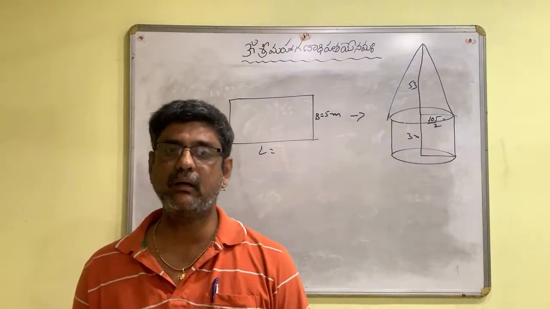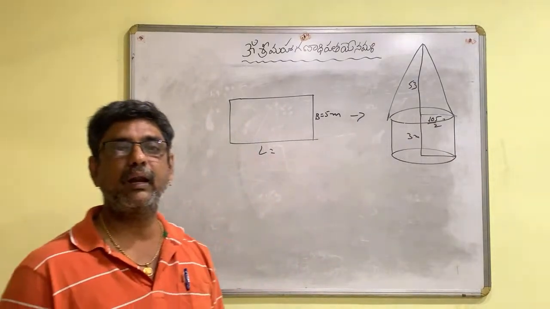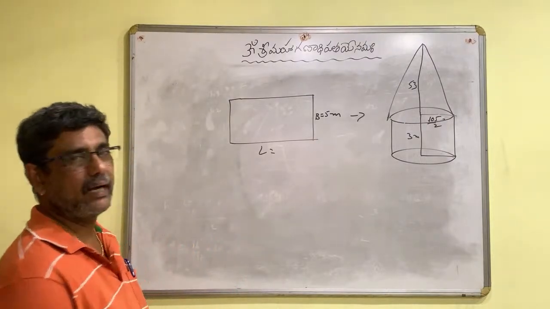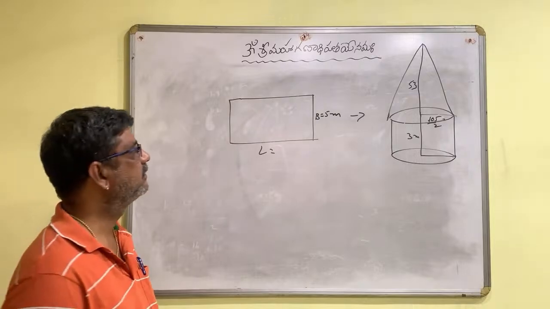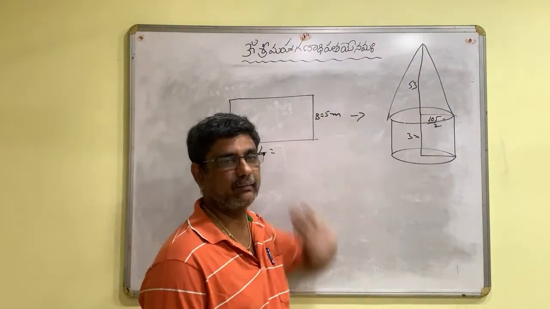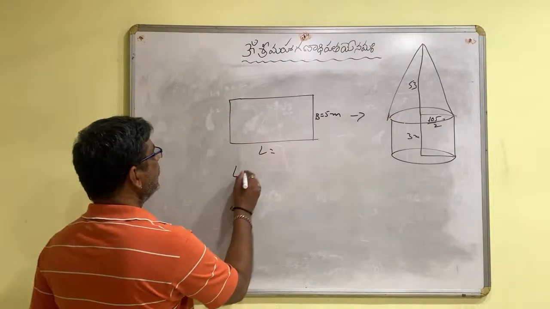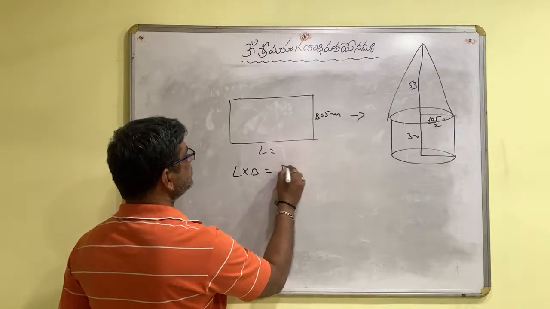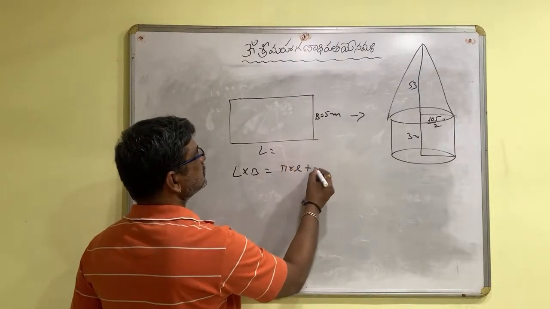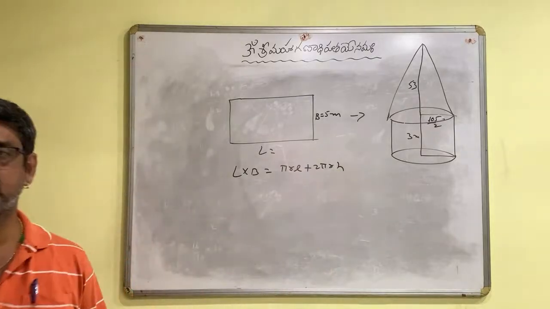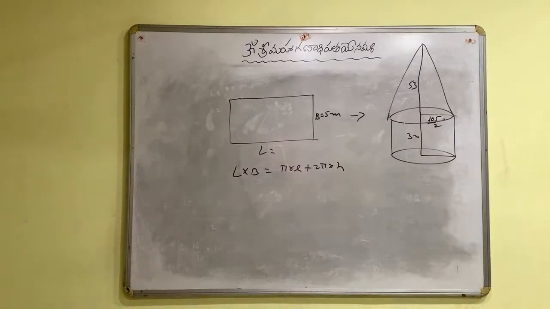Both cone radius and cylinder radius are same. So with this rectangular cloth, this tent was made. That means L into B is equal to curved surface area of cone plus curved surface area of cylinder. This is what we have to understand.